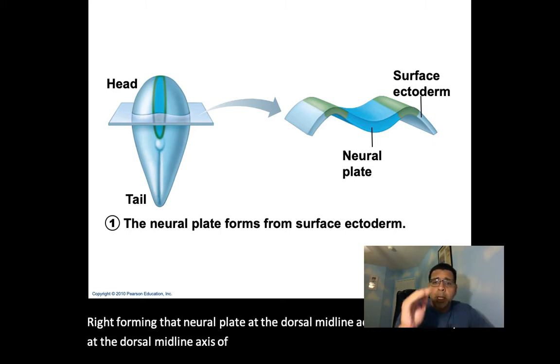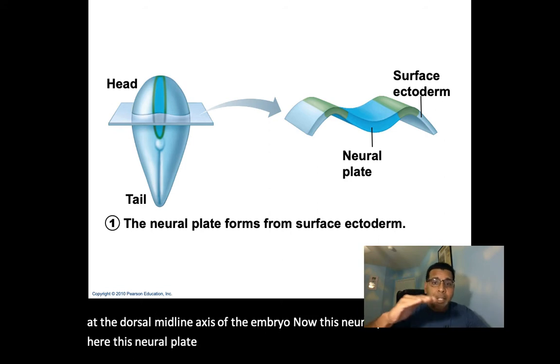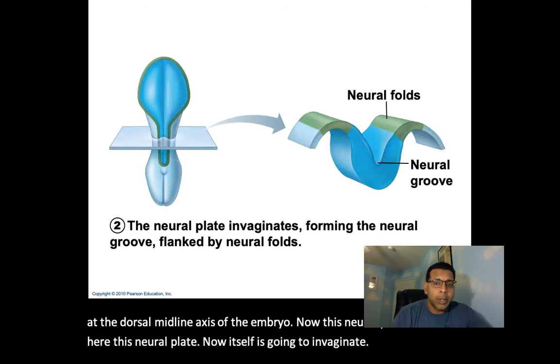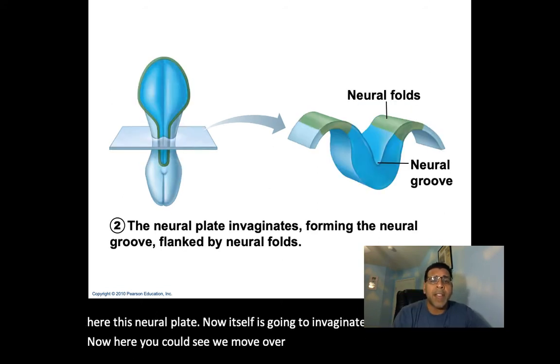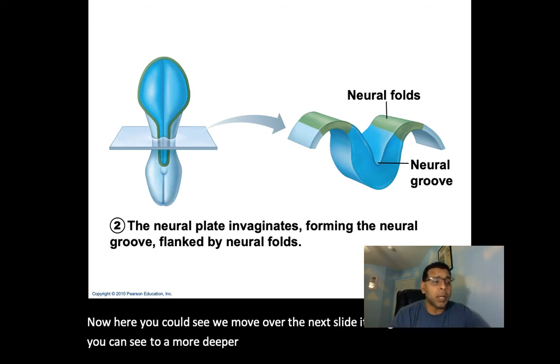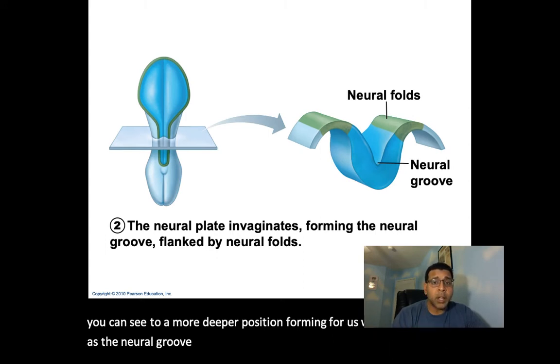Now, this neural plate itself is going to invaginate. When we move over to the next slide, you can see it invaginates and moves to a deeper position, forming what we refer to as the neural groove. The neural groove itself is flanked by the neural folds, you can see there on both sides.